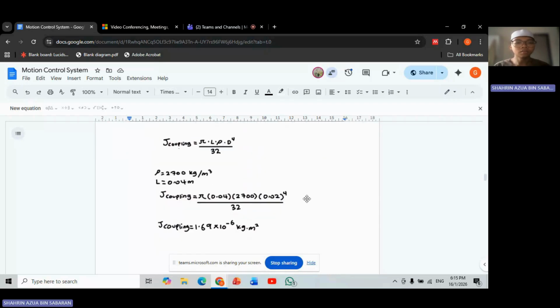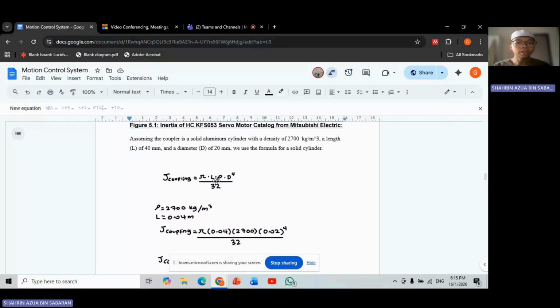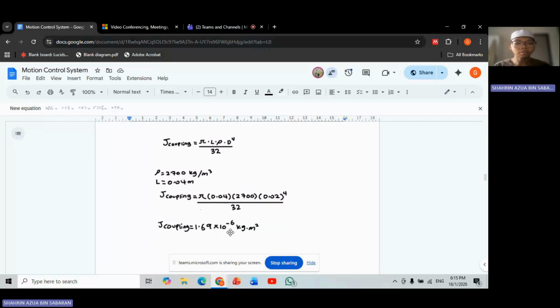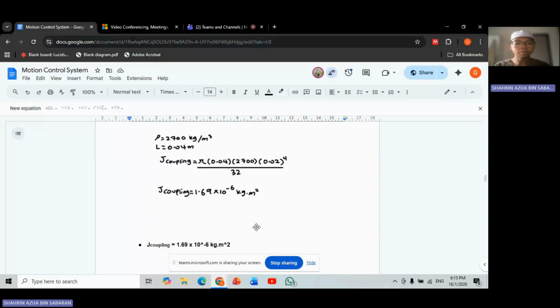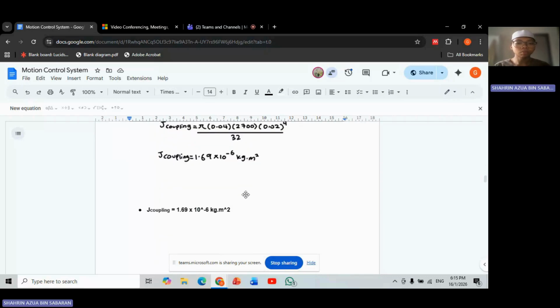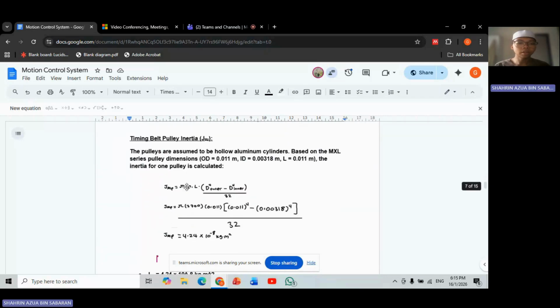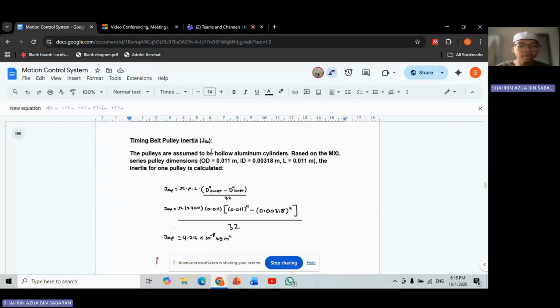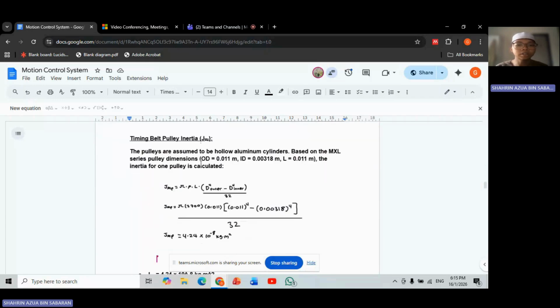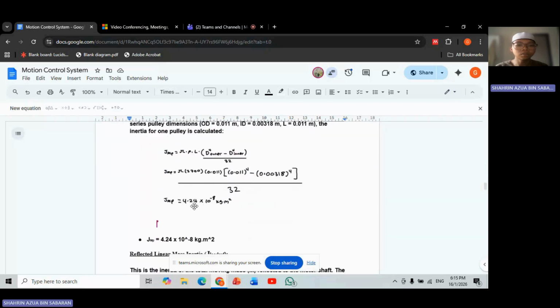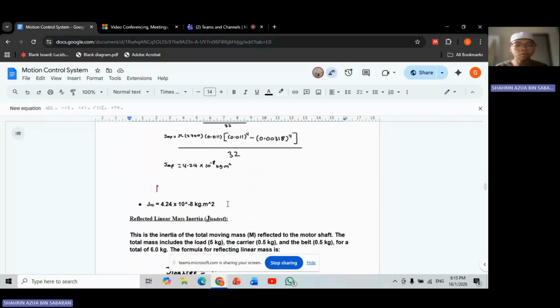This is the formula to find the J coupling, and we get the value of 1.69 multiplied by 10 to the power of negative 6 kg m². Next is to find the JMP, which is the timing pulley inertia. The JMP value is 4.24 multiplied by 10 to the power of negative 8 kg m².